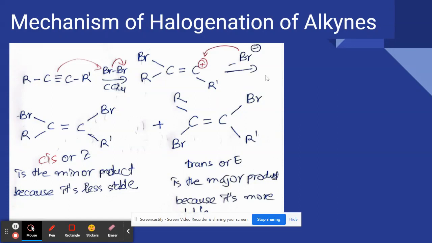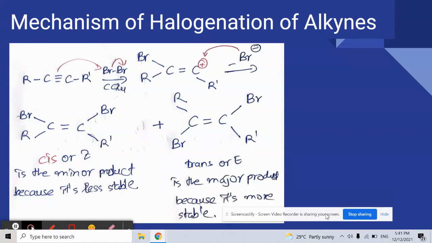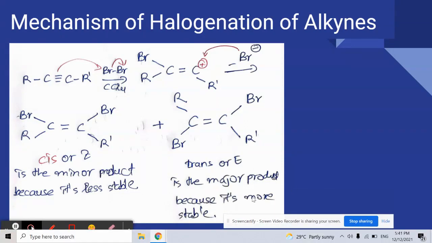We'll have two products, cis or Z, and trans or E. Cis is the minor product because it's less stable, and trans is the major product because it's more stable.